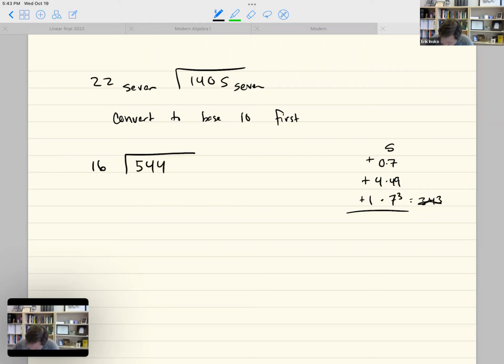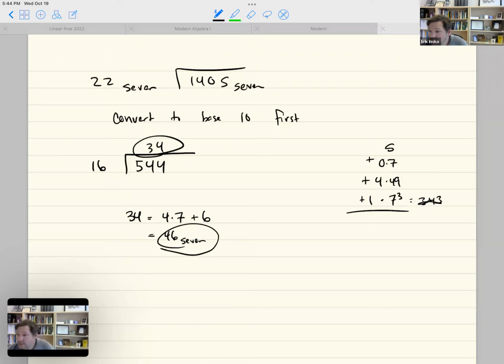So we're asking how many times does 16 go into 544? 544 divided by 16 is 34. Okay. So the answer is 34. Now I need to convert that to base 7. So 34 in terms of base 7 would be 4 times 7 is 28 plus a remainder of 6. So that is 46 base 7. And that is what I got there.